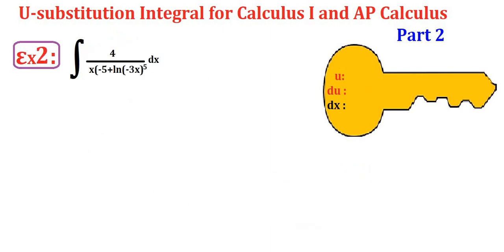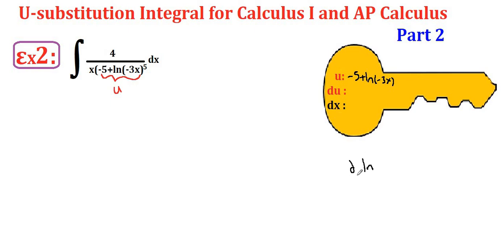Example 2. In this integral, we're going to call this part of the integrand u. Let u become negative 5 plus ln of negative 3x. Then du will be the derivative of this. The derivative of negative 5 is 0.